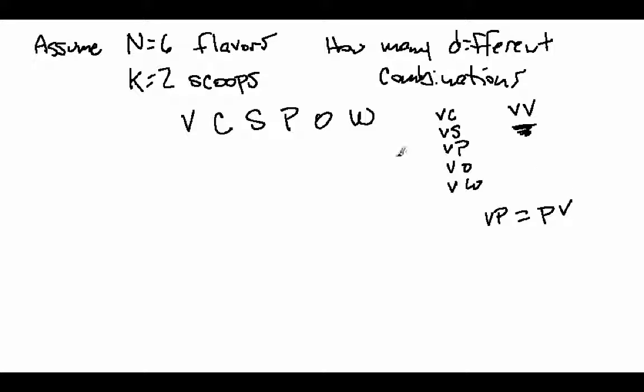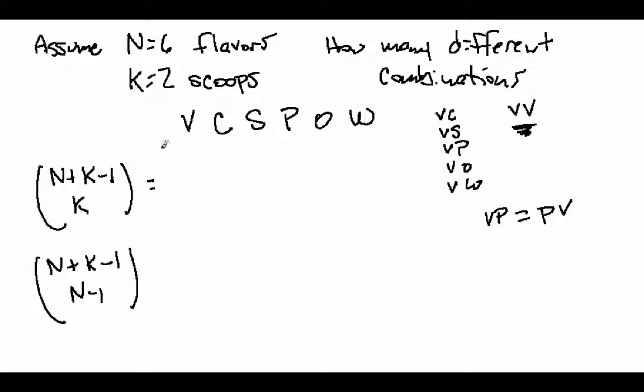So what the theory tells us is that this could be either n plus k minus 1 choose k, but it could also be n plus k minus 1 choose n minus 1.